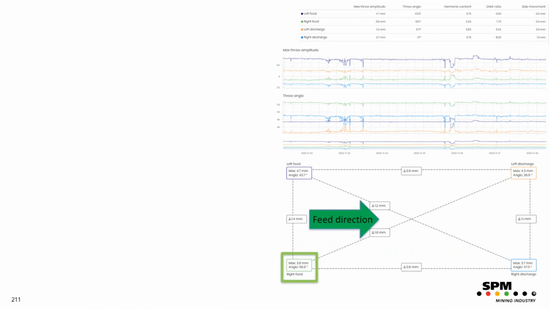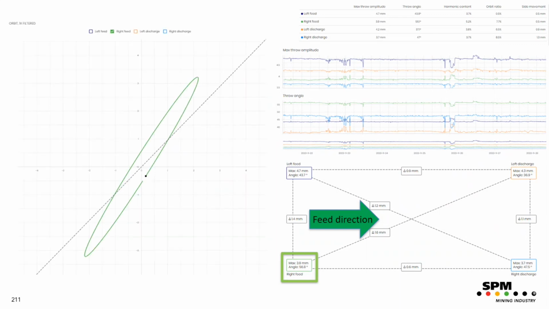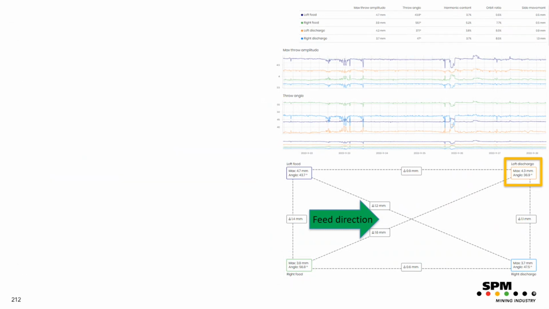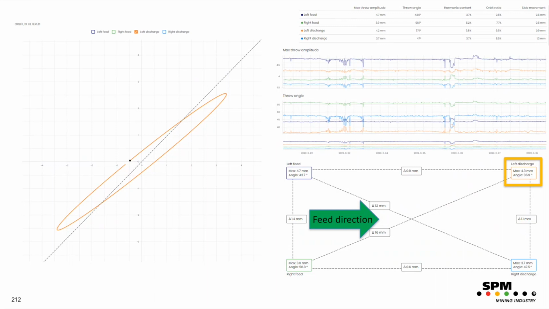If we look at the other corner, the right feed corner, the signal looks slightly different. It has another throw amplitude, and the orbit ratio is slightly bigger. If you look at the left discharge corner, the angle is slightly different.